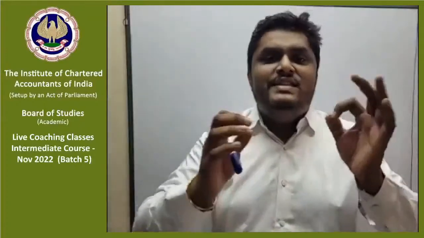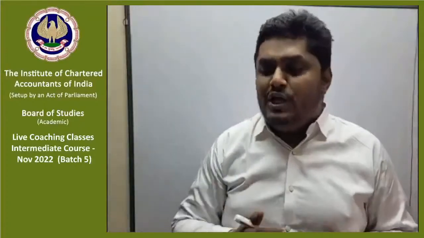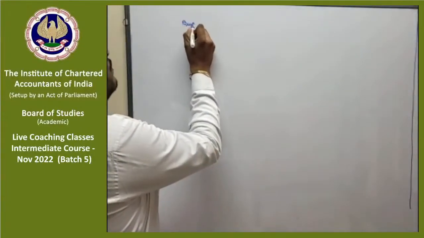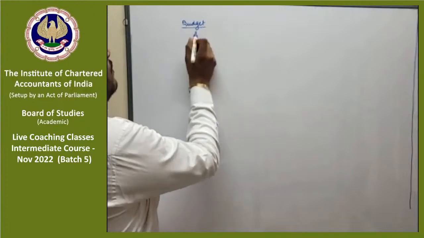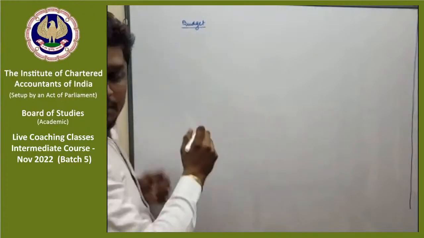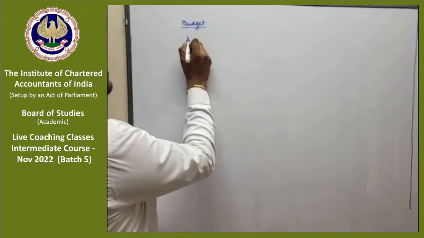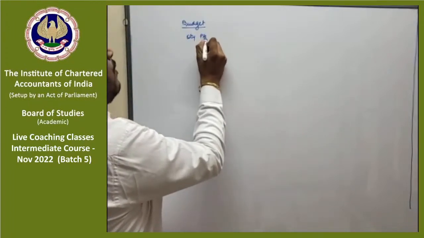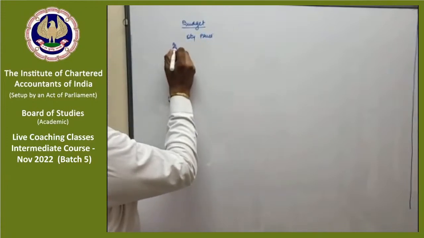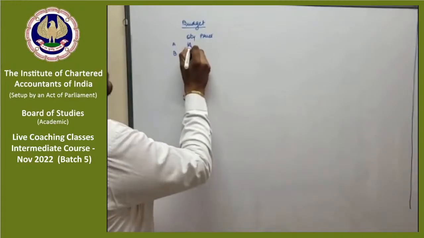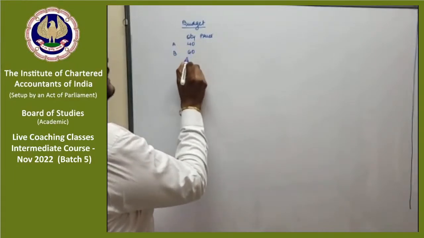A very simple question, similar to the question I have discussed. The budget is given, wherein two types of raw material are used, A and B. The ratio is 40:60.